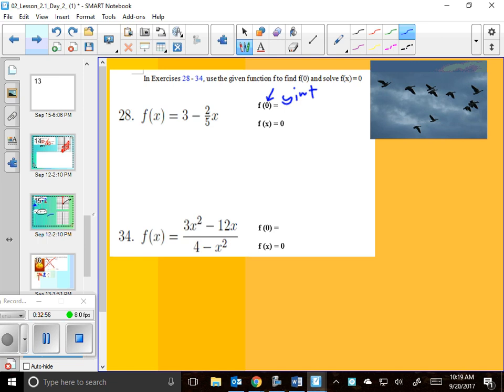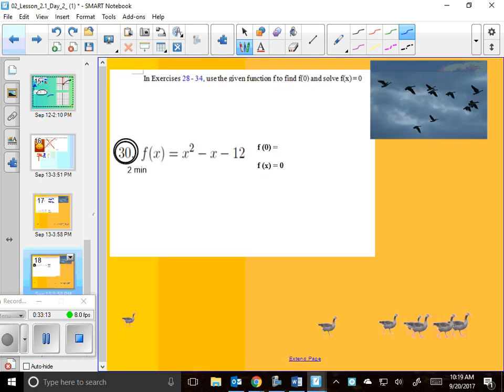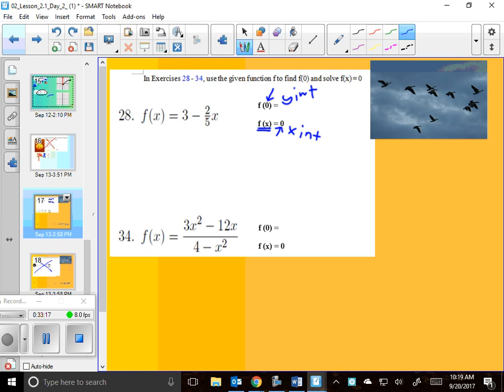And then this one is saying that y is 0, so really they're asking you to find the x-intercept. All right, so do that for these two, and then that's enough. We can skip that one. Really they're just asking you to find the x-intercept and the y-intercept on these. The x-intercept, you stick in y is 0. The y-intercept, you stick in x is 0.